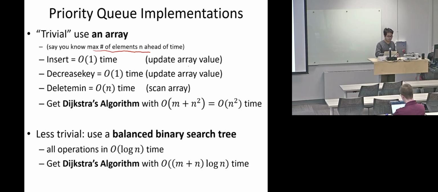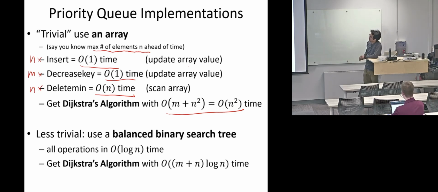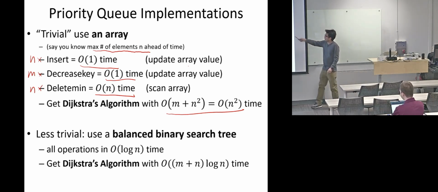So insert takes one time, putting it into that cell; decrease key just updates that cell, which takes O(1). For delete min, if it's an array, you need to scan through the array, which takes n time. So there are n inserts, m decrease keys, and n delete mins. So the total time, if you use an array to implement the heap, is this much.